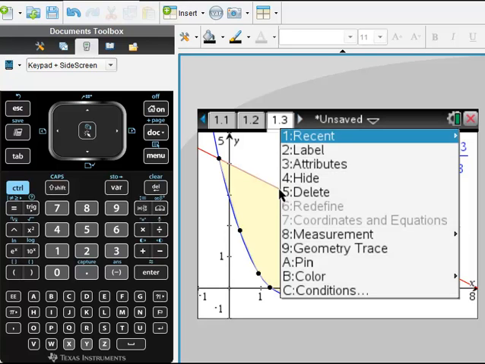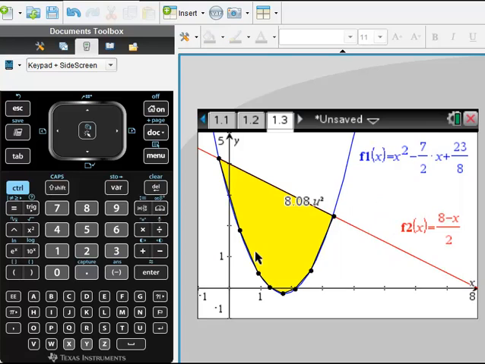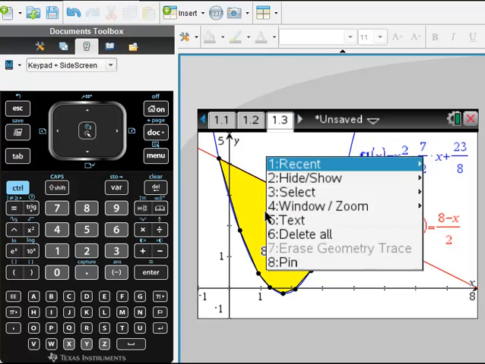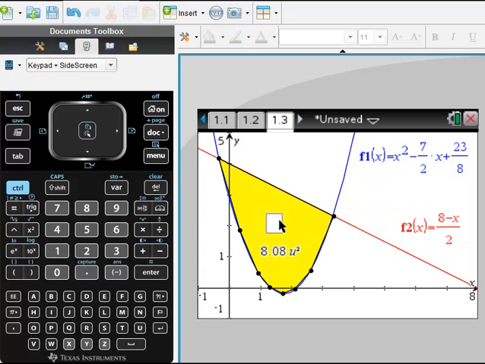We can take this polygon and pick up the context menu, go to measurement, and get its area. Alright, and this area will serve as our claimed approximate area of this region, and let me label that as such. Put some text in here.